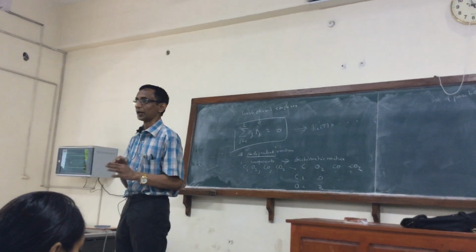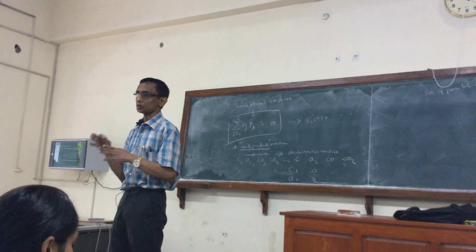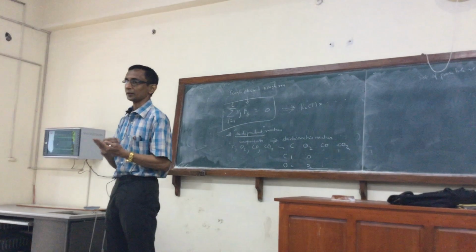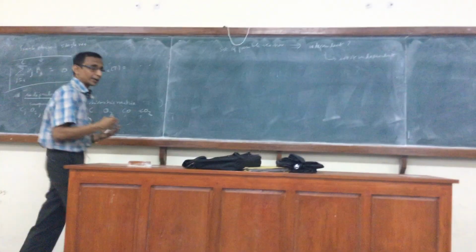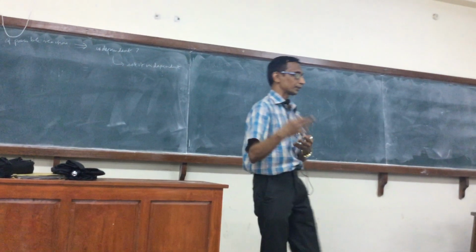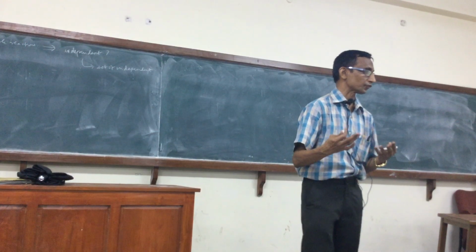So, when you have multiple reactions, whichever way you come up with the reactions, you have to make sure that the final set of reactions form a set of independent reactions. That means none of the reactions in the set can be obtained from any other reaction in the same set or any combination of reactions.